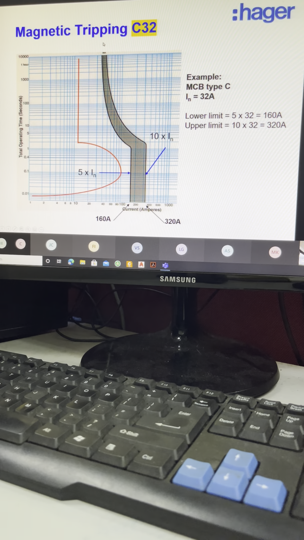How about on the overload tripping? At what value will your breaker start to trip? Okay, and I also showed you here the red curve. This red curve represents your load, your starting current and your running current.